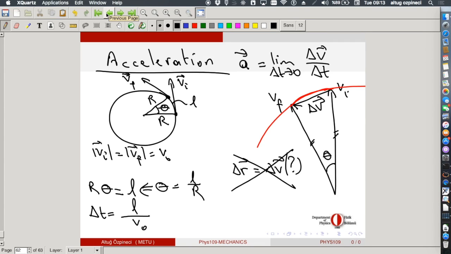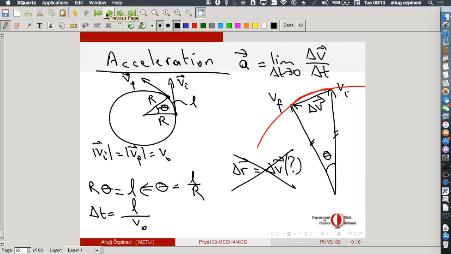Now, just like you cannot compare quantities of different dimension, you cannot compare quantities of different spaces. You cannot compare a vector in position space with an object in velocity space. So that's why we cannot write this thing. These two things live in different spaces. But just imagine, this is the initial velocity, the final velocity.